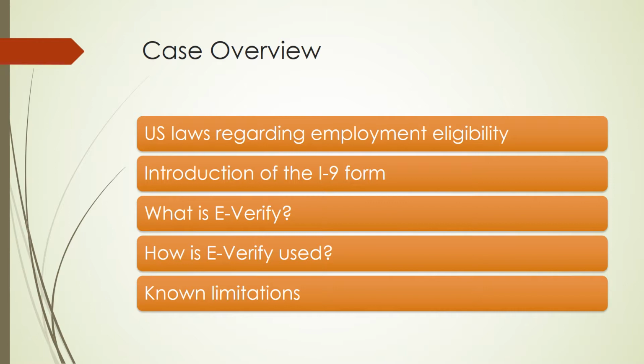Now, this was made mandatory in the state of Texas. Since its introduction, E-Verify has come with some known limitations that affect employment eligibility. The most pressing being information mismatch, where a potential employee's information comes back as not verified by the system, causing that employee either to not get hired or a delay in the hiring process.